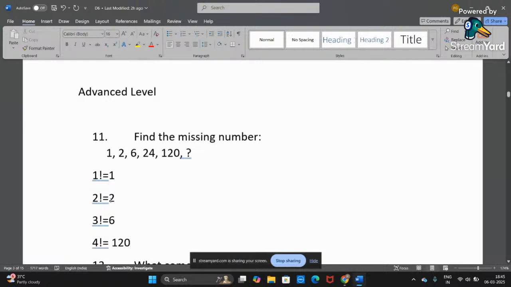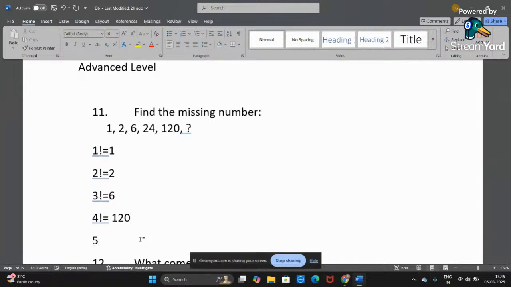So this is the logic applied here. So the next number will be 6 factorial. What is the value of 6 factorial? It is 6 into 5 into 4 into 3 into 2 into 1. So the answer will be 720. The missing number will be 720.